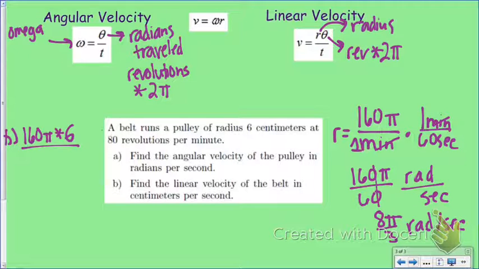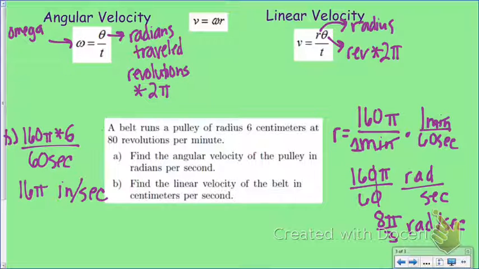It's once again per second, so it took me 60 seconds because it was 1 minute. And then I just do the math to simplify. And that should simplify just to 16 pi inches per second. So my linear velocity then is 16 pi inches per second.